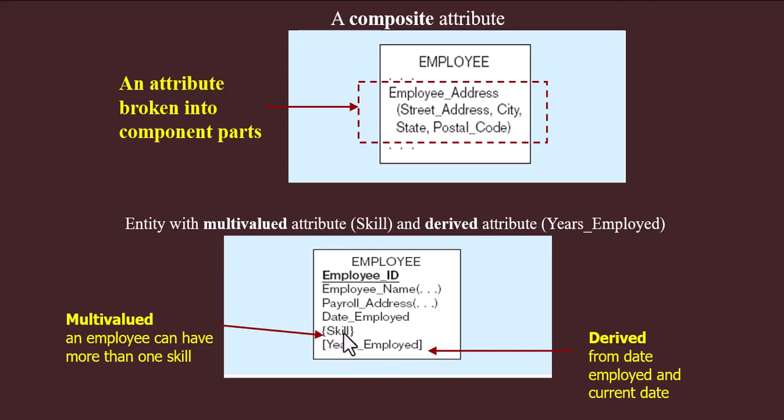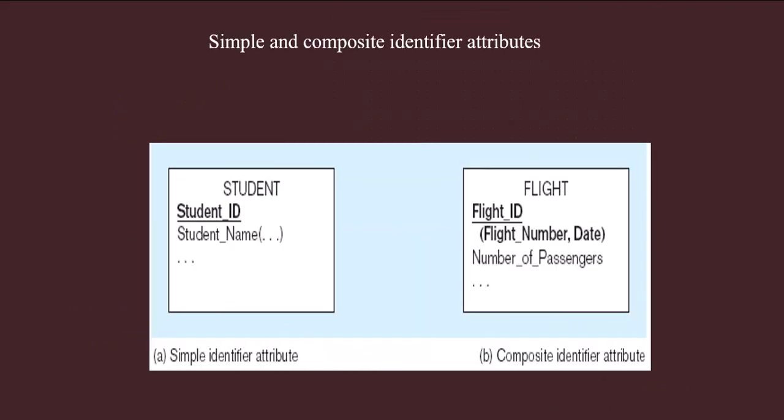So skill is multi-value. If we are entering the skills of the employee or any person, it is possible that he has more than one skill, and years employed is a derived attribute from the date employed. So these were a few more examples.